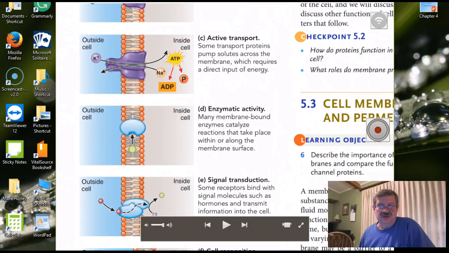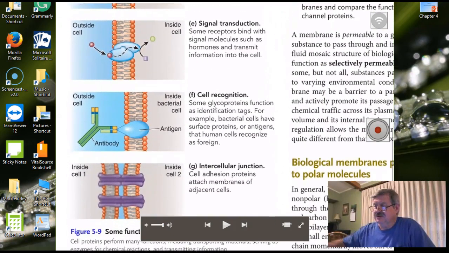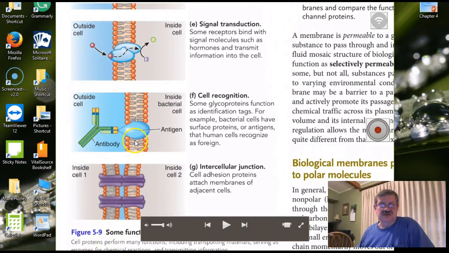And then we looked at the idea that you have signal transduction. With signal transduction, you have materials such as insulin that will attach to a protein from the outside of the cell. That'll set up a series of changes that changes the activities within the cell, such as allowing the cell to take up glucose from the outside.